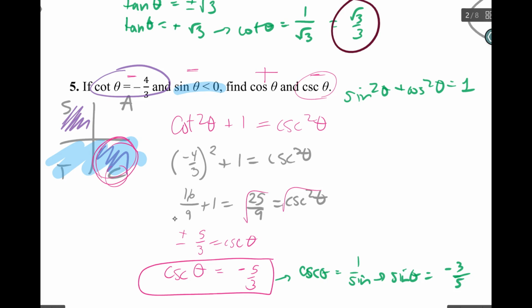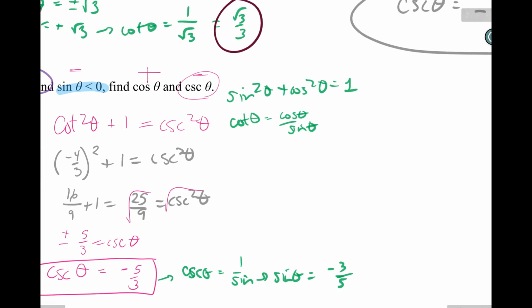But if you don't want to deal with any more square roots, we could also talk about how cotangent of theta is equal to cosine over sine. So there's 2 different ways we could go about this. Plug in for sine up here with the Pythagorean identity, get cosine by itself, or plug in sine and cosine here, get cosine by itself.